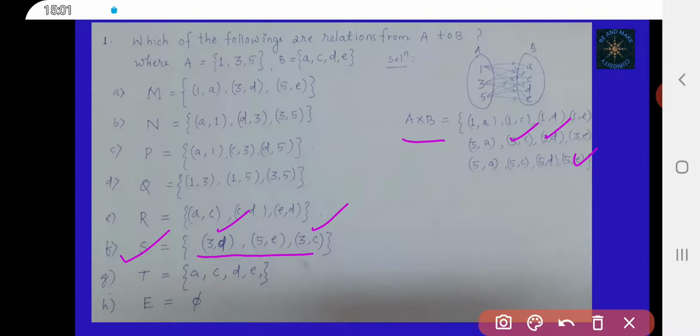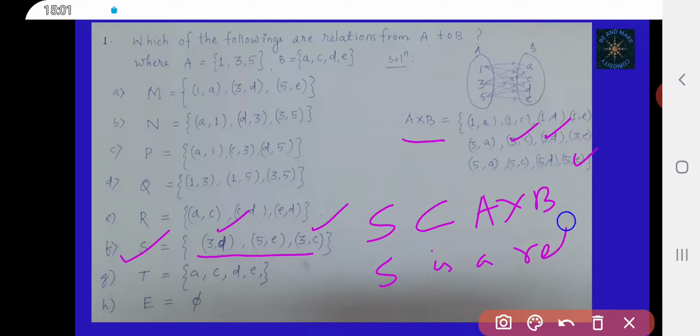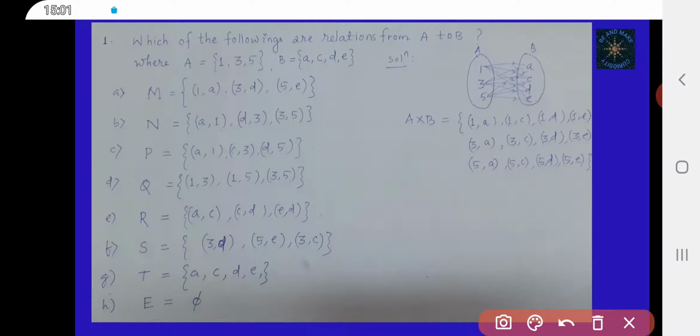So every element of set S is in set A cross B. So S is a subset of A cross B. So S is a relation.